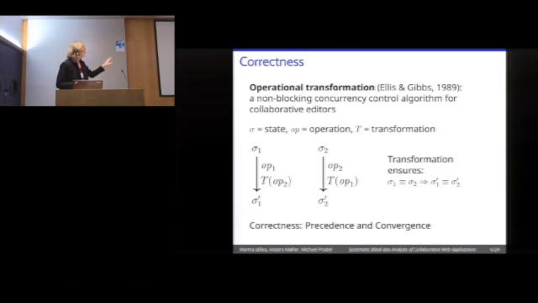And what this transformation function ensures is that if we transform all operations and execute them on each client, then if the input states sigma 1 and sigma 2 were equivalent, the output states have to also be equivalent. So the correctness property used by operational transformation contains a precedence property and a convergence property. And what Simian targets to find bugs, violations of, is this convergence property, where the output states are not equivalent.